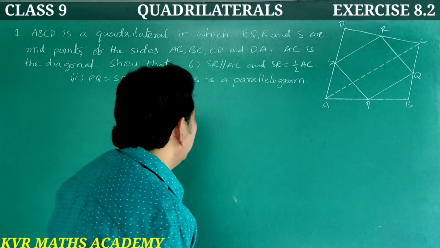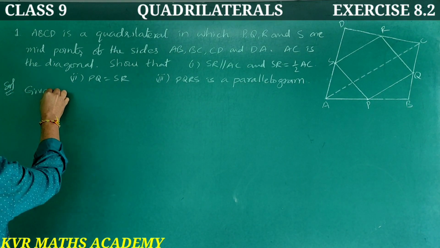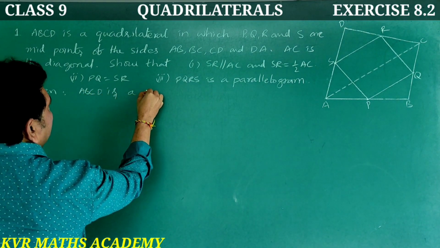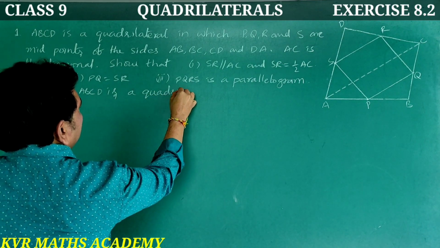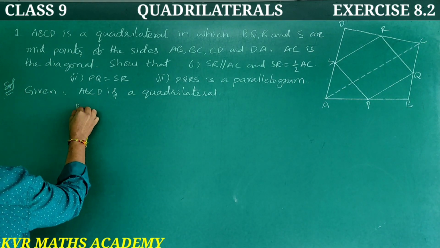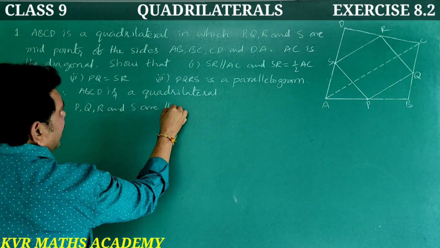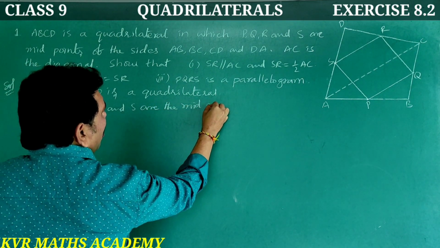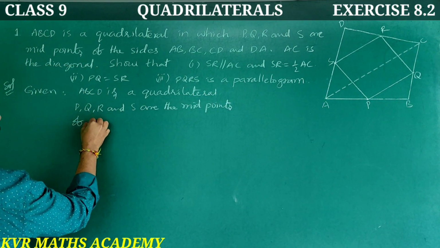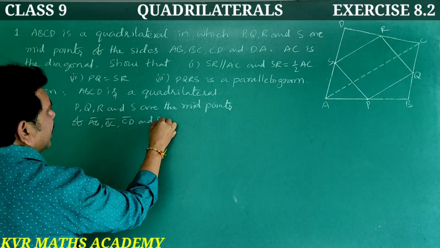Let us prove. Solution. Given. What has given? ABCD is a quadrilateral. P, Q, R and S are the midpoints of AB, BC, CD and DA.